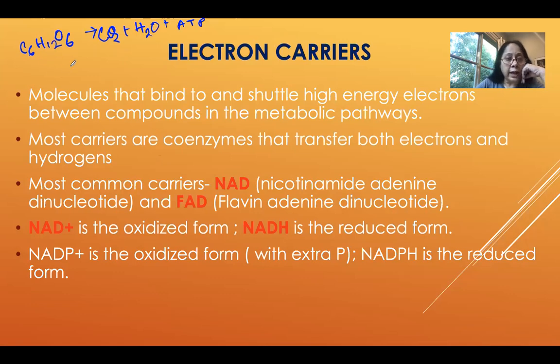So when glucose breaks down into carbon dioxide and water, what is happening over here? You can see that when it was glucose, it had 6 carbon, 12 hydrogen and 6 oxygen. So it is a 6 carbon compound, okay?